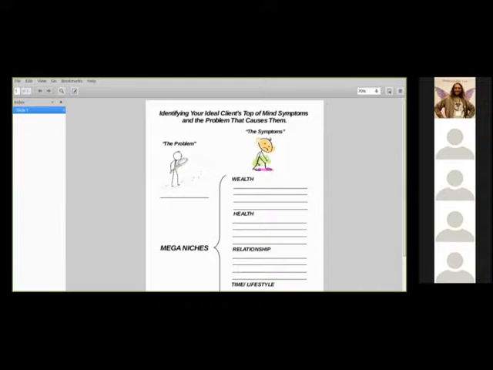And this is where we want to be able to help you actually dial this in. The symptoms are what's on their mind. The symptoms are not the problem. You need to separate this out because you've heard about marketing with benefits, leading with benefits, and then you introduce the features.